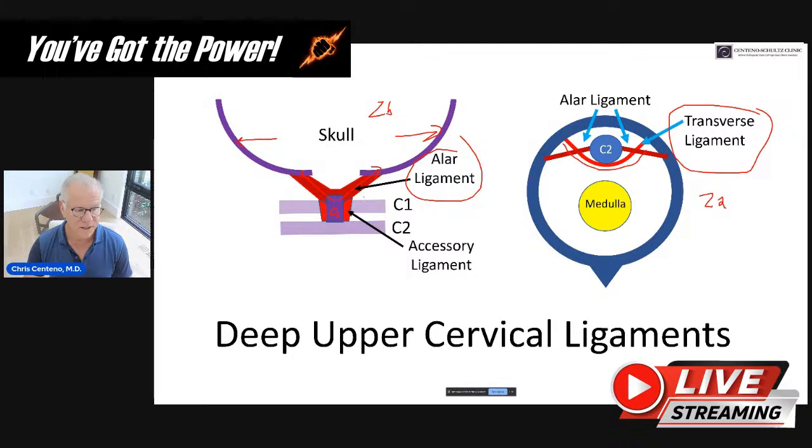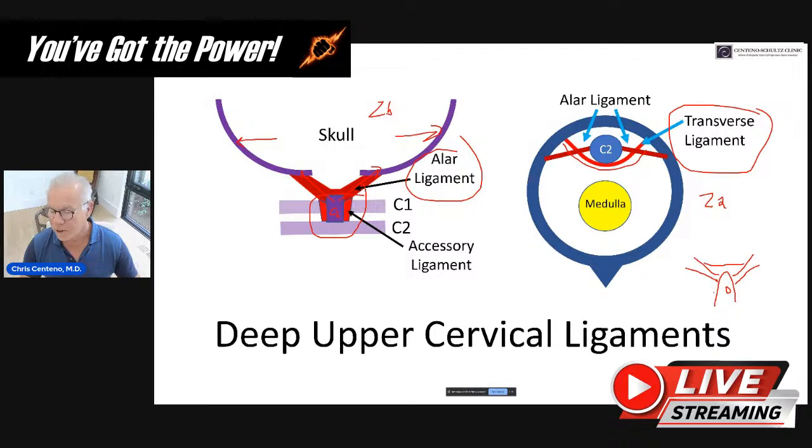Then there's also the accessory ligament, which gets injected pretty much anytime we're going after the alar. I realize there's two versions of alar. And this I'll probably have to draw a little bit to the side here. So we have the dens here, and that's at C2. And then we have the alar ligaments coming this way. And realize the alar ligaments are not really shown this way, but there's an upper sling portion that goes like this.